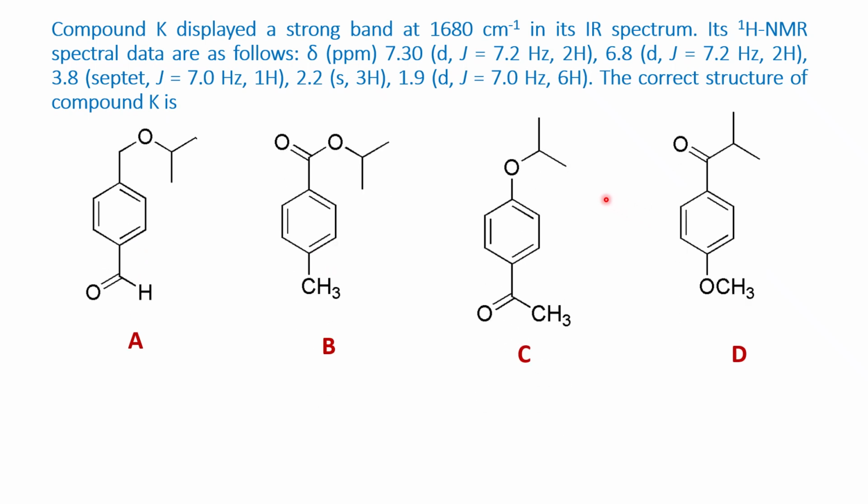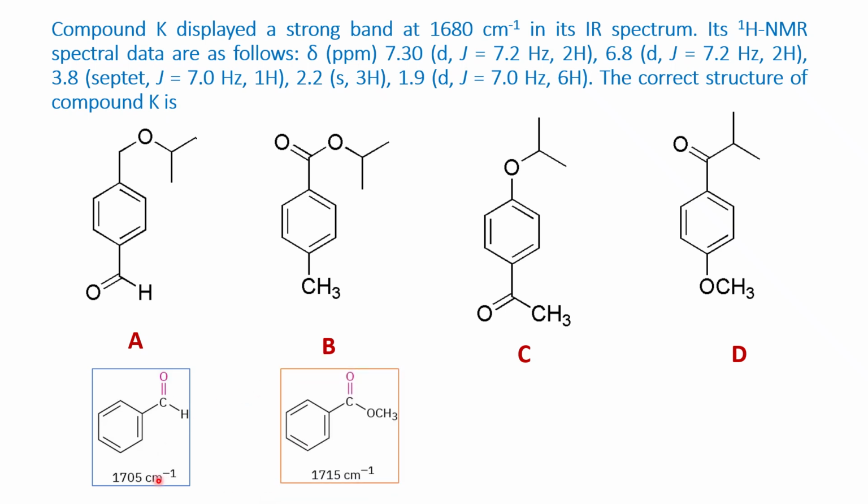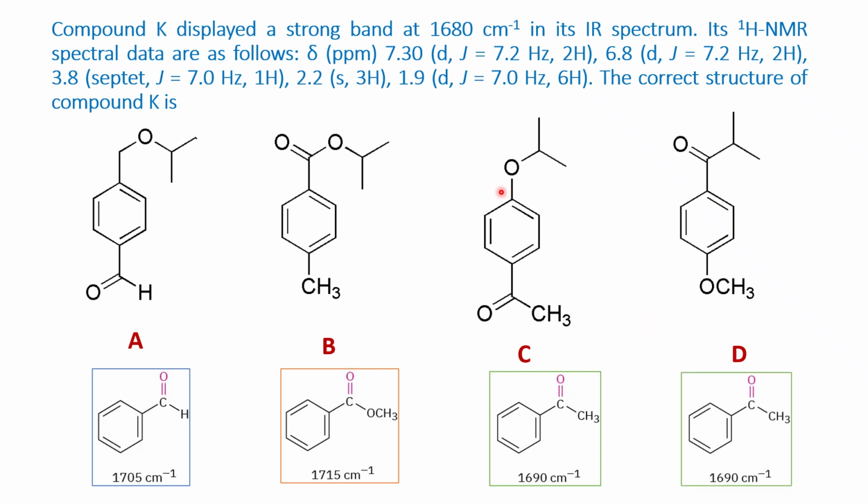So now when we look at all the four molecules, aldehyde is ruled out, and of course ester is also ruled out, because we know that both aldehyde and ester give values around 1700, whereas the value given here is 1680. And we have seen that aromatic ketones absorb at around 1690, and here our value is 1680.